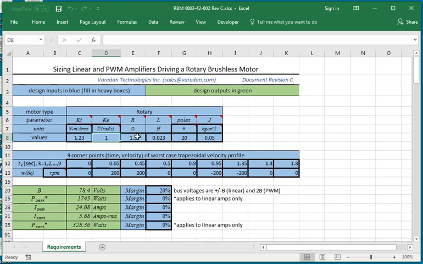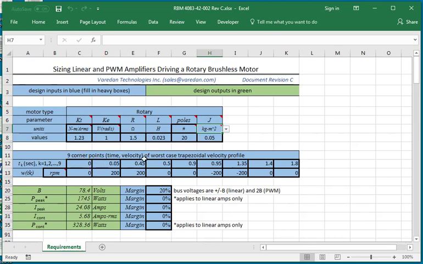Ohms are the units for the phase-to-phase resistance. Henries are the units for the phase-to-phase inductance. We had 23 millihenries, so we converted to henries here. The number of poles is 20, and we have some unit options for the inertia as well.